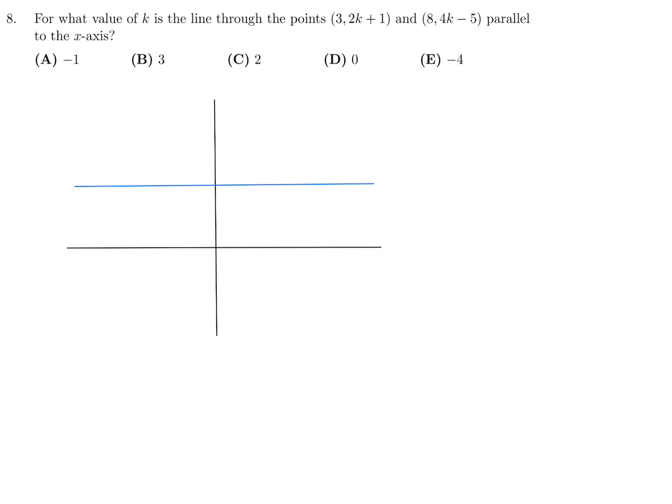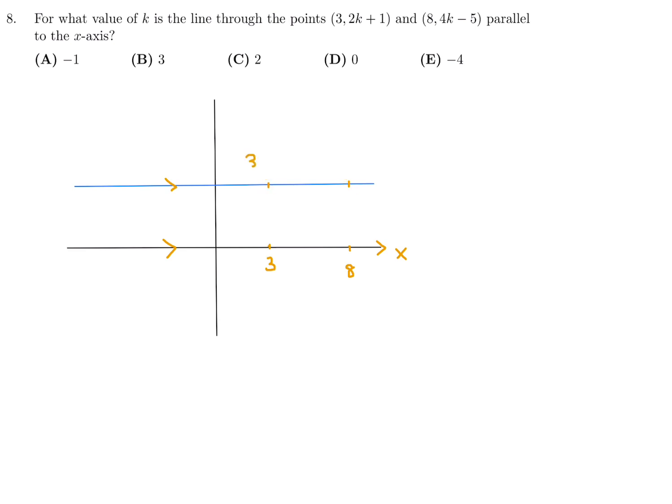The first point is 3, something, and let's say here, where this is 3 on the x-axis. And then the next point is 8, something, so approximately here. Now, in order for this line to be parallel, that means the y values of these 2 points have to be the same.